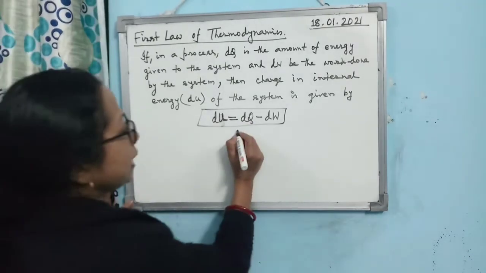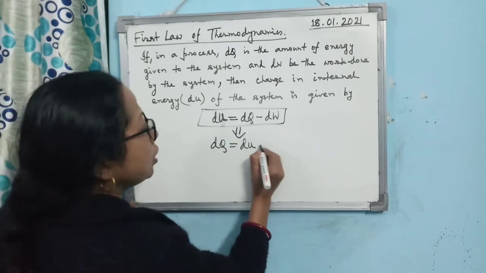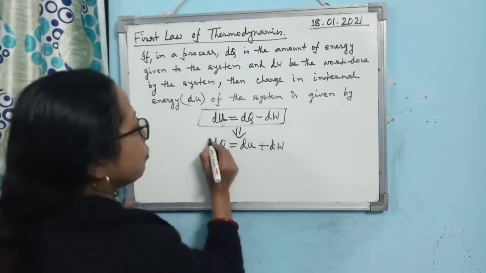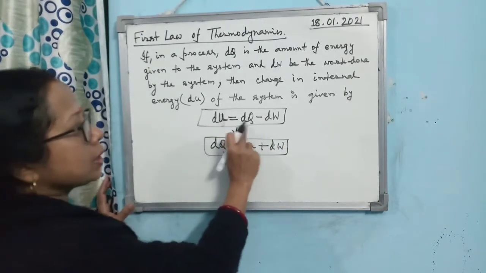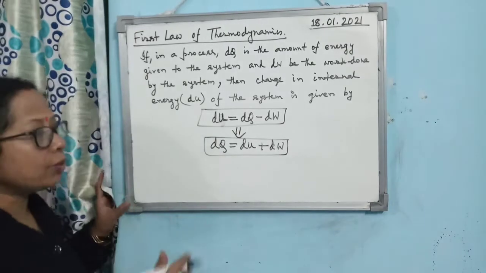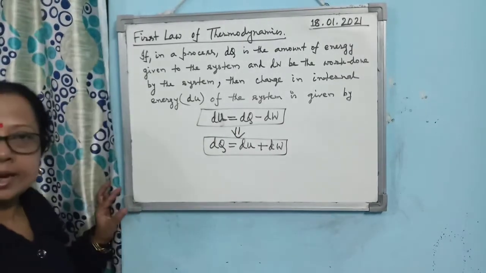One can write this as dQ equal to dU plus dW. So you can write it this way also. Either you can write dU equal to dQ minus dW or dQ equal to dU plus dW.